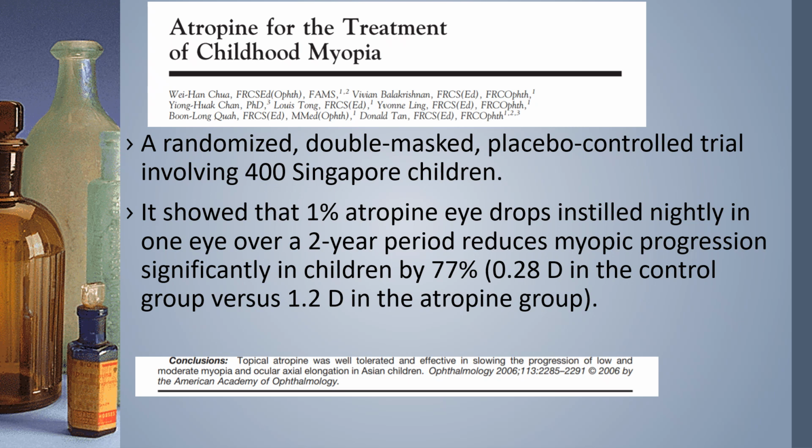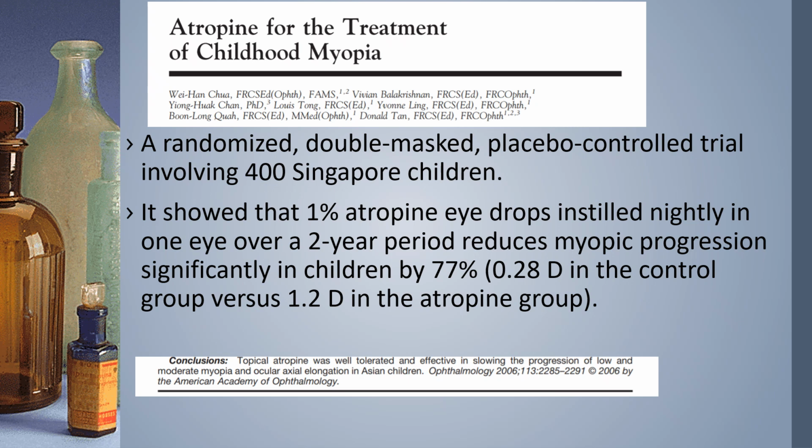That was a time when we used to calculate reduction in percentages. We no longer calculate that in percentages now, but in direct numbers. So 0.28 diopters in the atropine group versus 1.2 diopters in the control group. So that was the strong level of control that 1% atropine had.